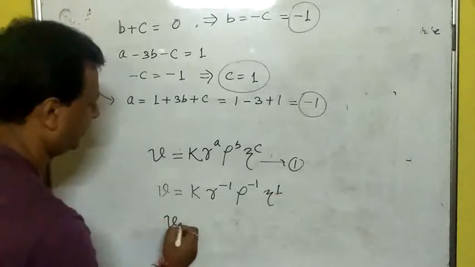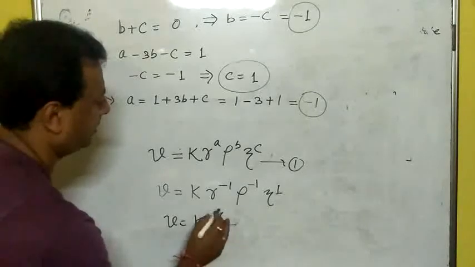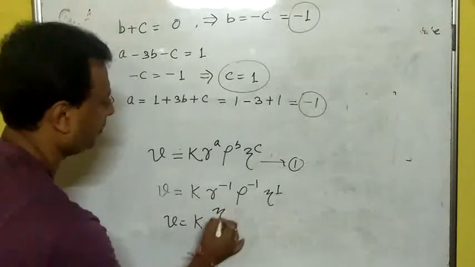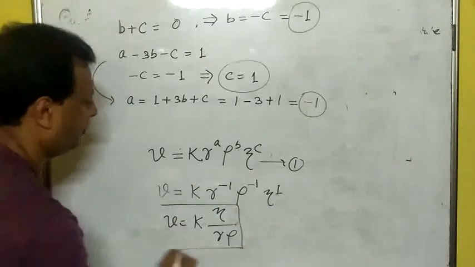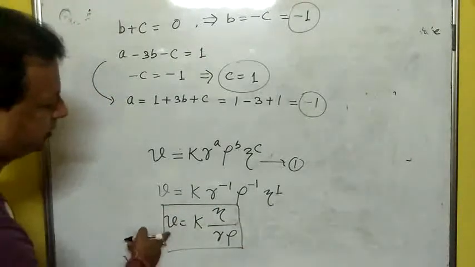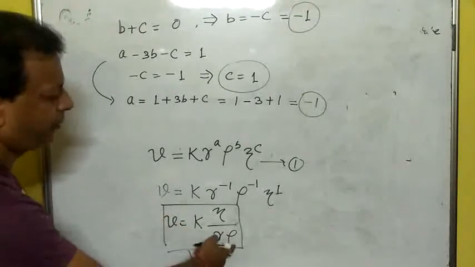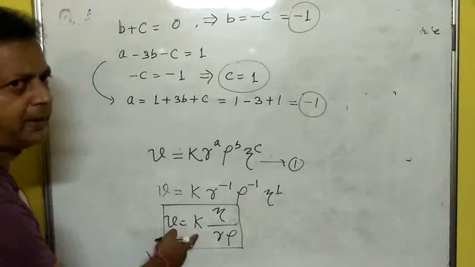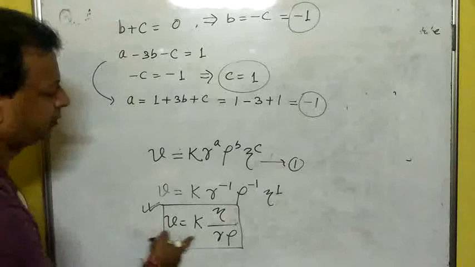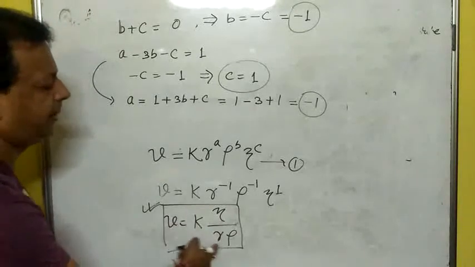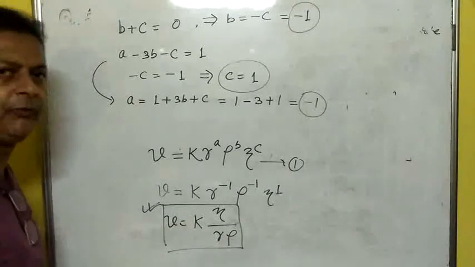So we can write V equals K into eta divided by r rho. This is the answer for critical velocity. K is found out experimentally, so you need not find out its value. This is the final expression: V equals K into eta divided by r rho. This is the critical velocity expression, and we found it with the help of dimensions.